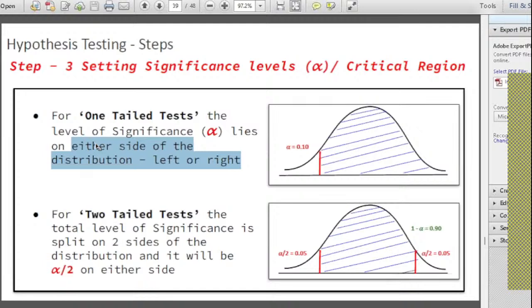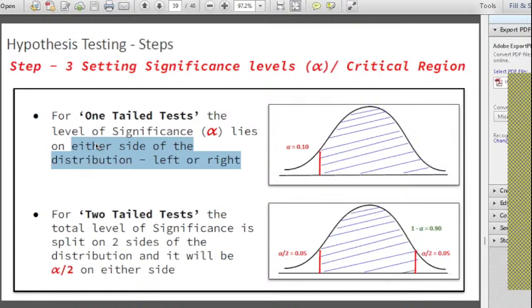If you are going to test the claim on either side, whether left or right, on where will you make the error? Only on that side which you are testing, isn't it? The side on which you are testing the claim, the error will also be made on that side. So these are called one tail test.